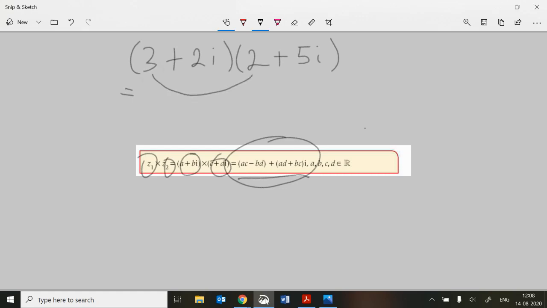We're still going to get the 2 terms from the first bracket timesing by the 2 terms from the last bracket, giving us 4 terms. That's 6, and 3 times 5i is going to give us 15i, and then 2i times 2 is going to give us 4i. And then 2i times 5i gives us 10i squared, because we'll get i times i in there. Now, of course, i is the square root of -1.